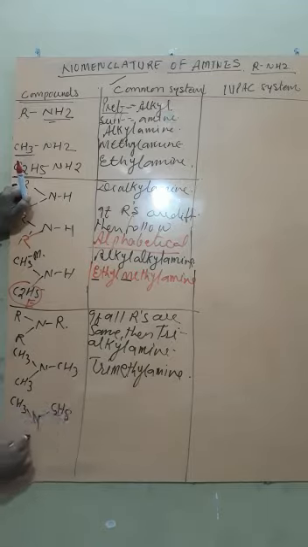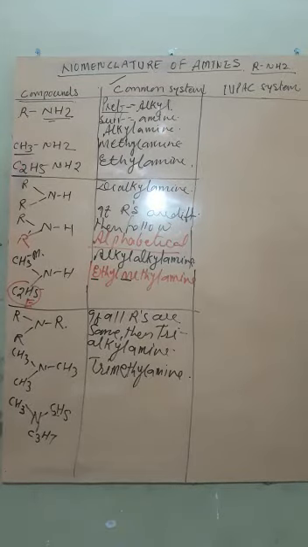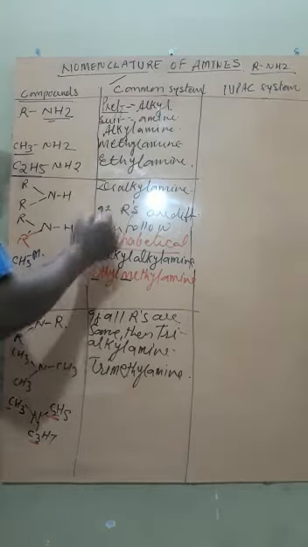Here the N is directly attached to three alkyl radicals with different sizes: one carbon atom, two carbon atoms, and three carbon atoms. So in this case again we have to follow alphabetical order.